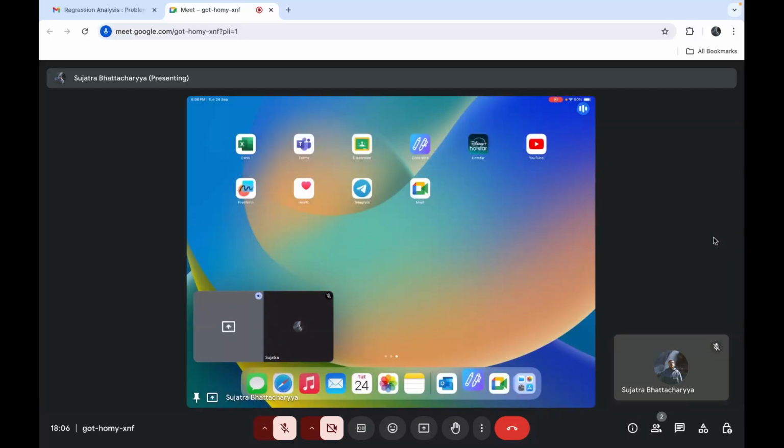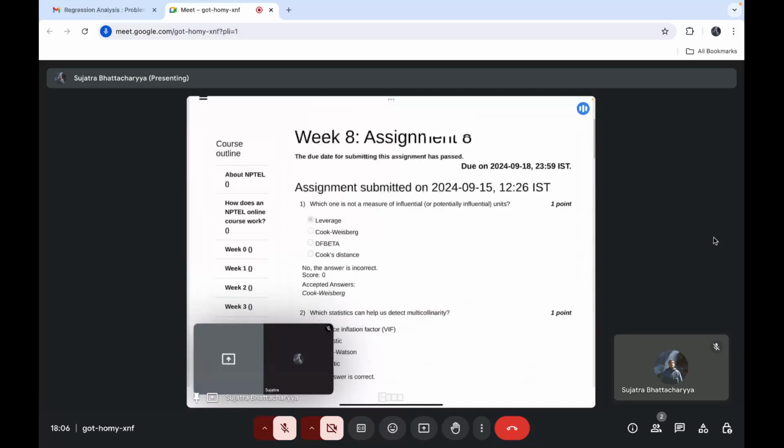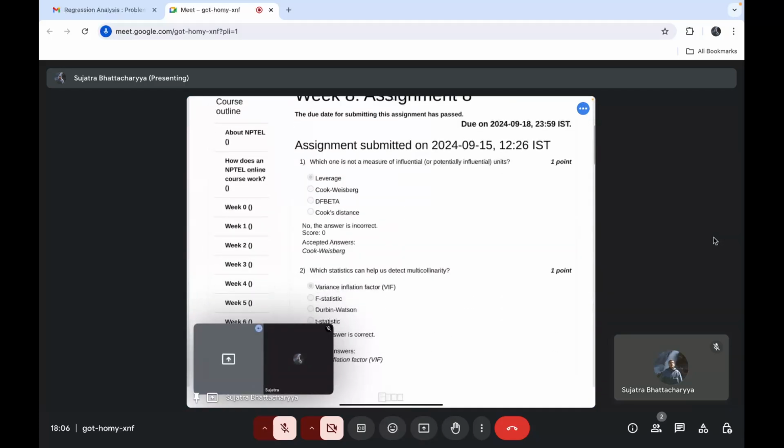So let me go to the week 8 assignment. It is asked which one is not a measure of influential or potentially influential units. There are several options. You can see that leverage is one of the options. Cook-Weisberg is there, DF beta, and Cook's distance.